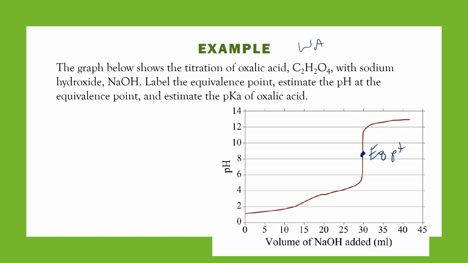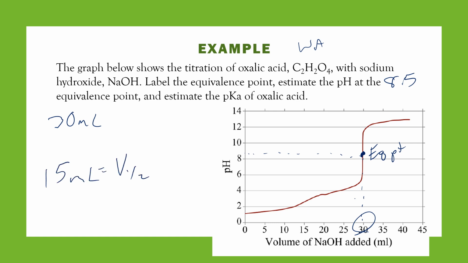It's at a volume of about 30 milliliters and a pH of maybe 8.5. Okay, so estimate the pH at the equivalence point: it's about 8.5. Estimate the pKa. Okay, so for the pKa, you're going to use the half equivalence point. So if it took 30 milliliters to get to equivalence point, it needs to take 15 milliliters to get to half equivalence point.